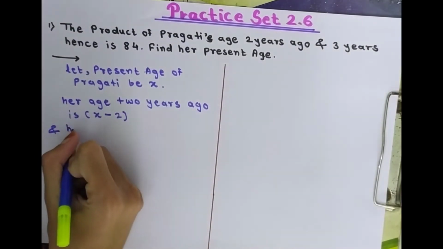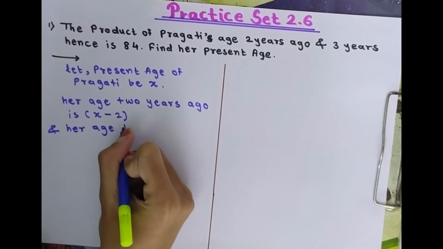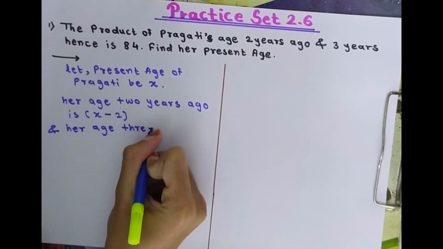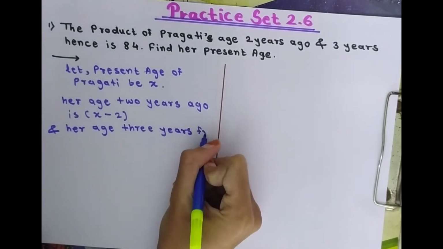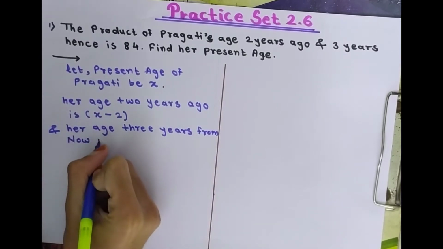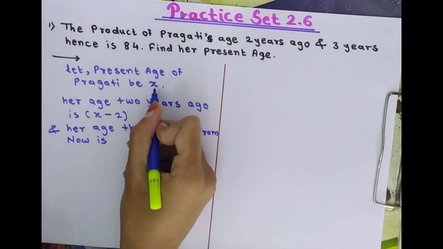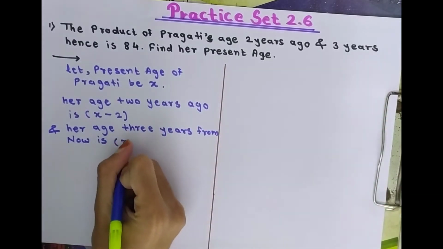And her age three years from now: now her age is x. So from now 3 years is what? x plus 3.